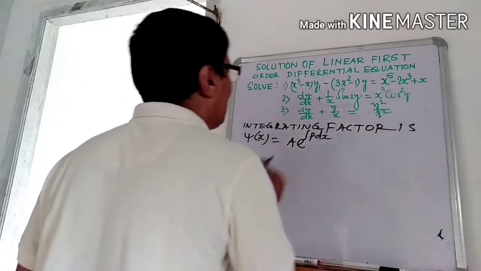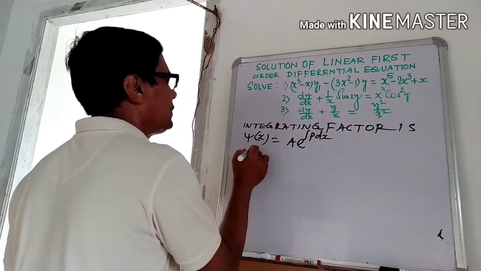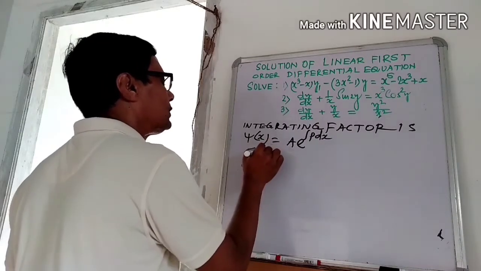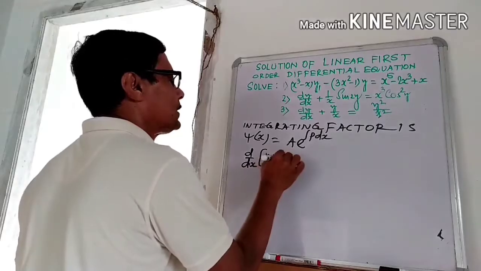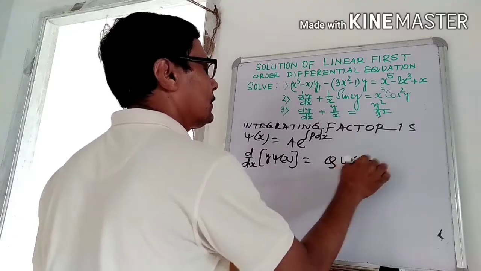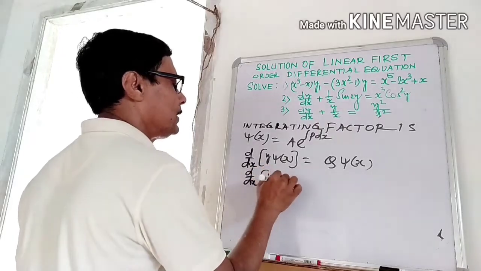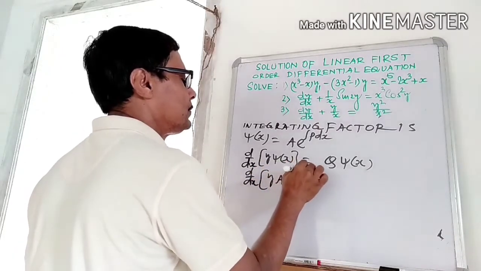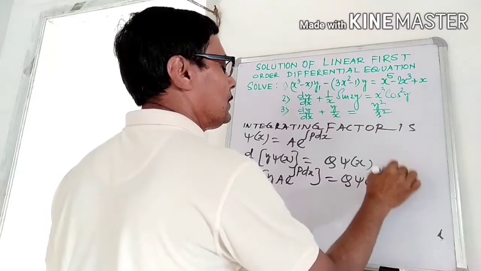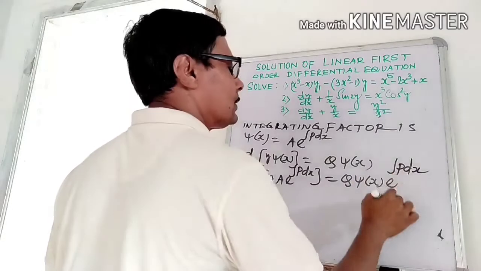So we put it in the second equation, that is equation 2, and we get d/dx of (y psi(x)) = q psi(x), that is d/dx of (y a e to the power integration p dx) = q times e to the power integration p dx times a.